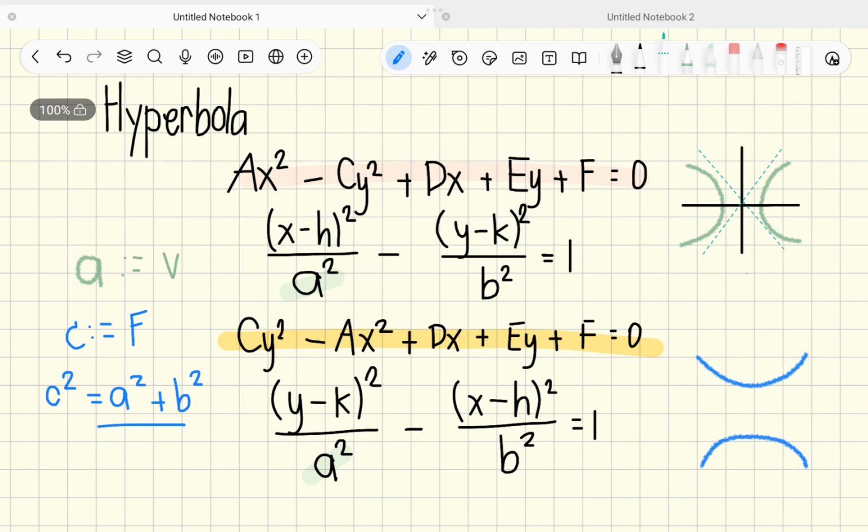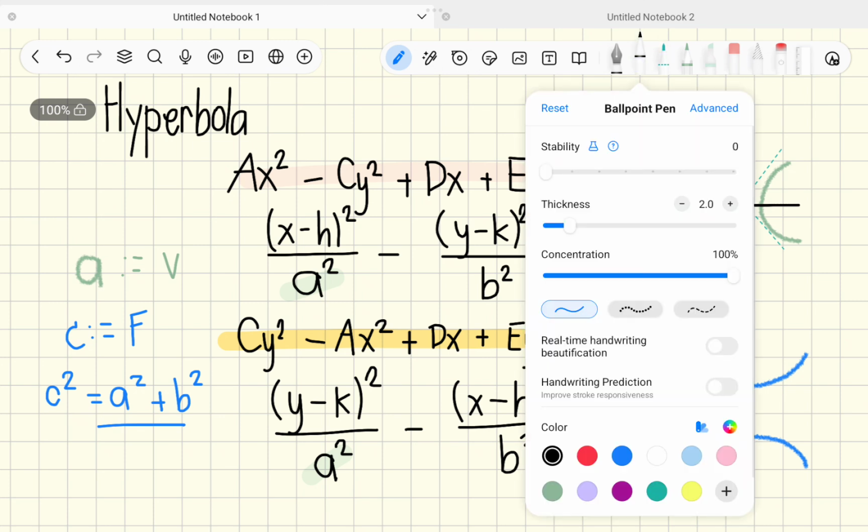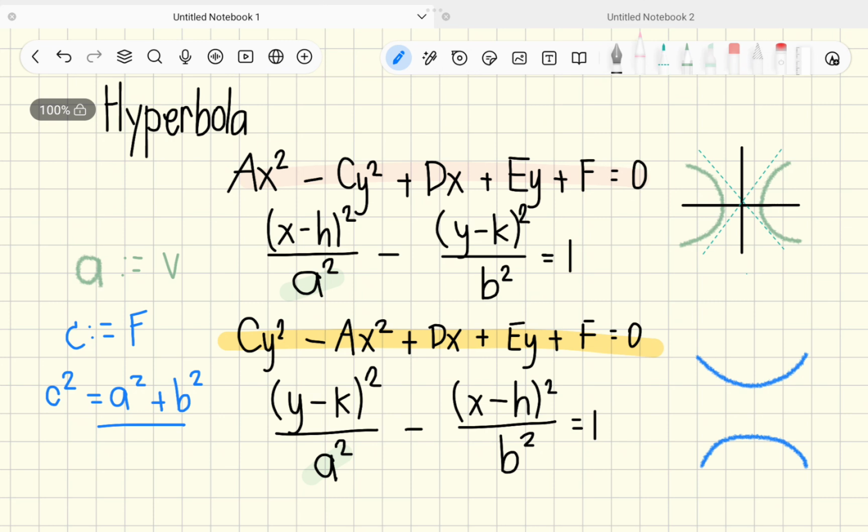There is actually a triangle formed here, and it's a right triangle. Since a is the distance from the center to the vertex, let me zoom in because it's so cute.